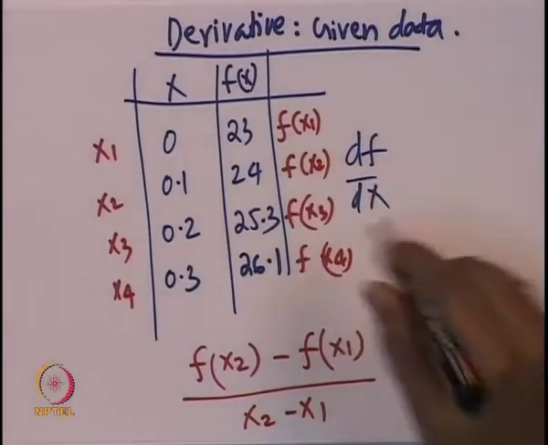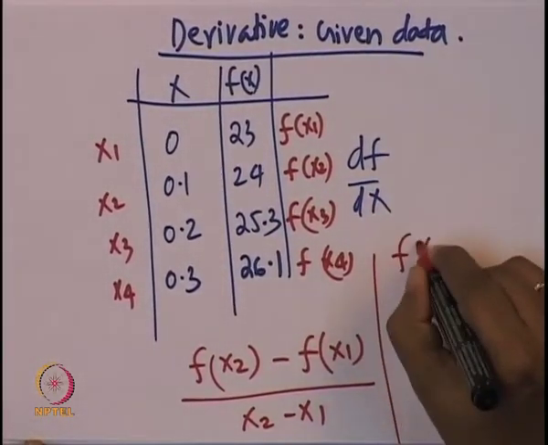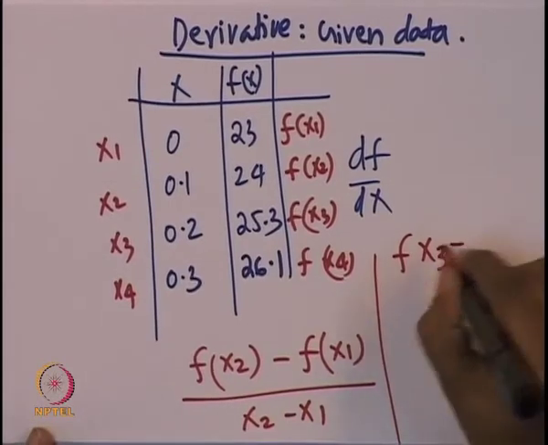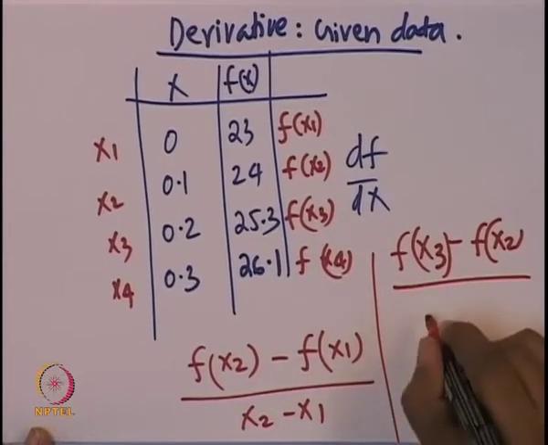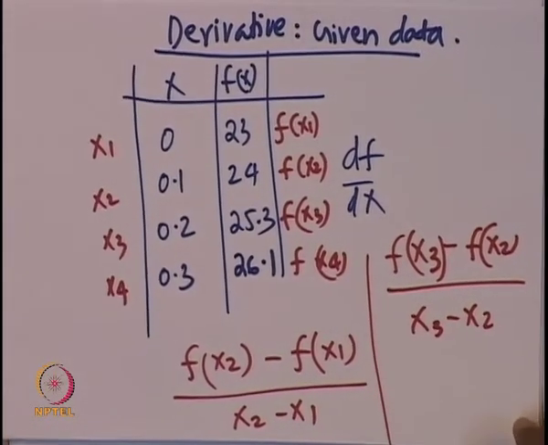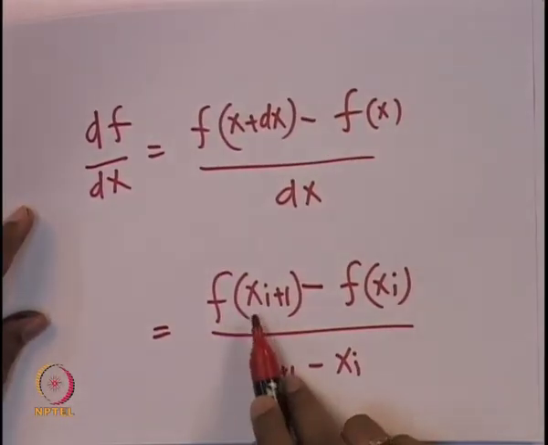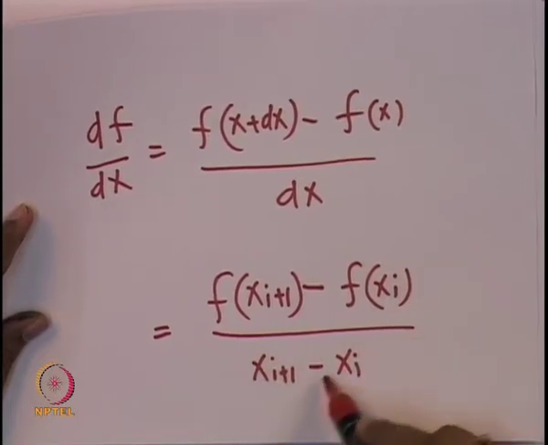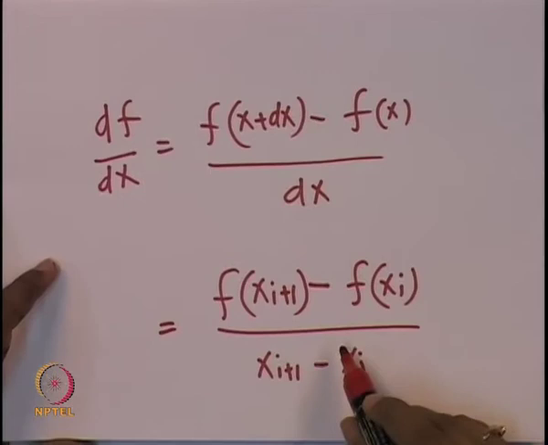Similarly, the slope between these two will be f of x 3 minus f of x 2 divided by x 3 minus x 2. So, essentially what you have is this formula, f of x I plus 1 minus f of x I divided by x I plus 1 minus x I. So, this can be used.